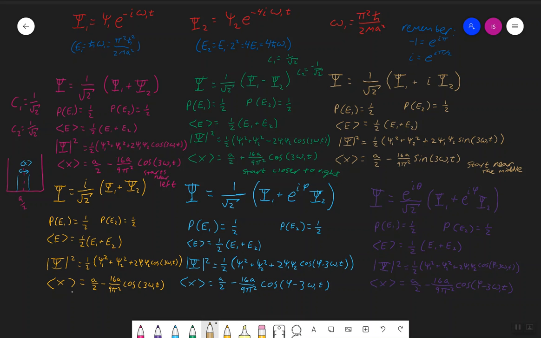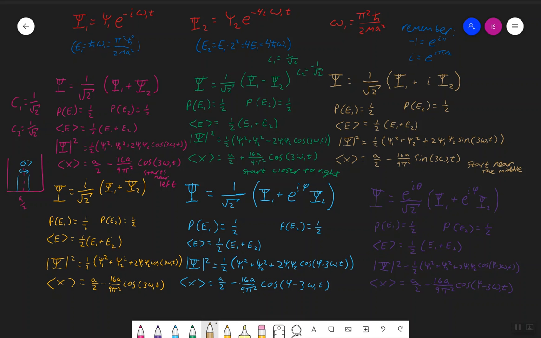Same thing with the expectation value of x, it is actually identical. So it turns out that multiplying the wave function by an overall phase, which I've talked about before, actually does end up giving you the same wave function. These two wave functions are physically the same.